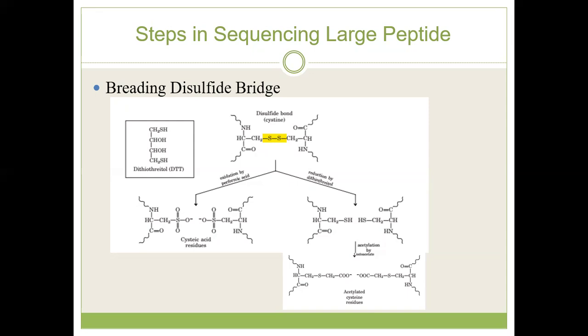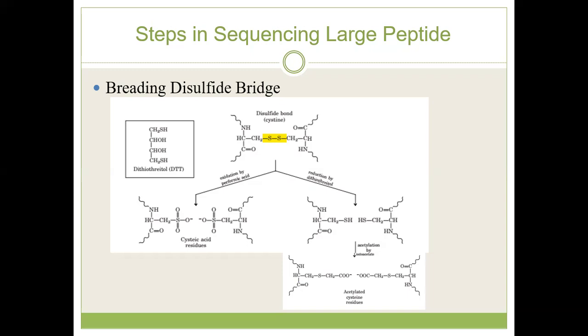So first of all, you have to break the disulfide if there is one. Just like we said, you can even use Sanger sequencing to determine if it contains two peptides. Once you learn that yes, there is a sulfide bridge, that sulfide bridge can interfere with your Edman degradation. So the first thing is to break the sulfide.